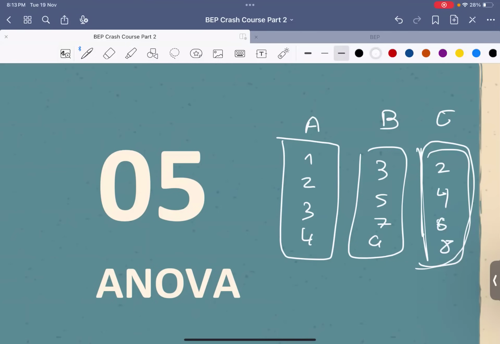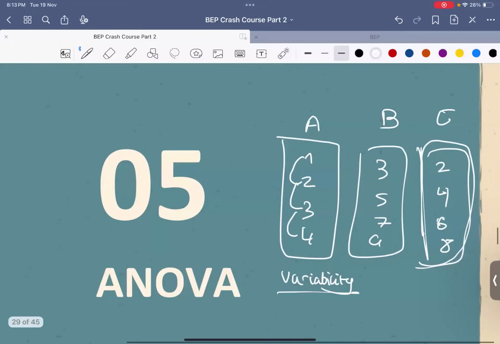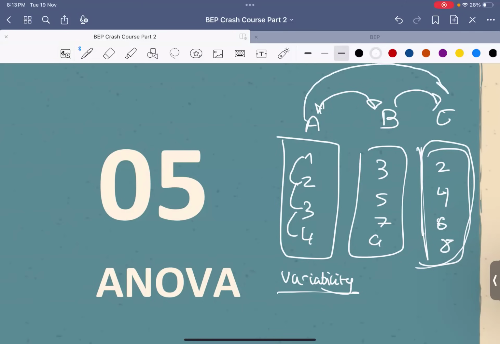These are three different samples, three different groups, and there's variability within the group itself. You remember how we used to calculate variability of a set? This is exactly the same. But then there's variability between the groups: between group A and group B, between group B and group C, between group A and group C. Whatever, this is variability between the groups.